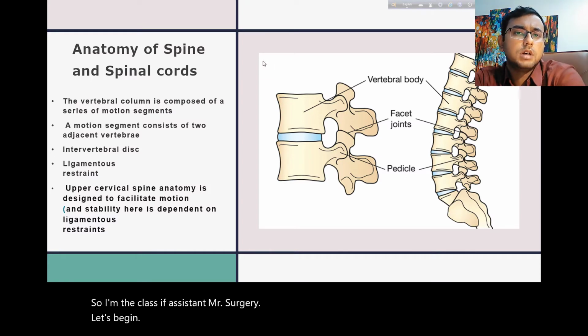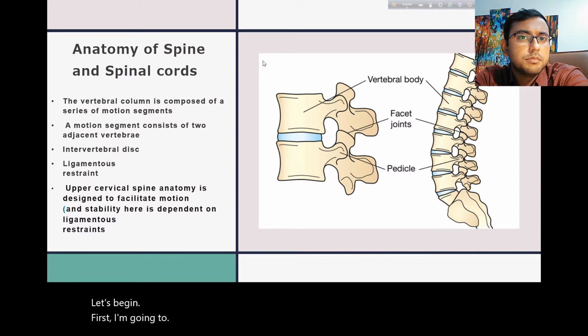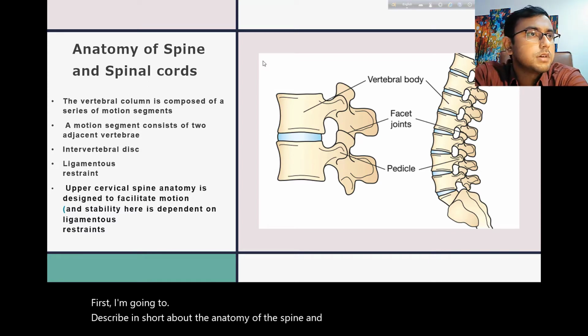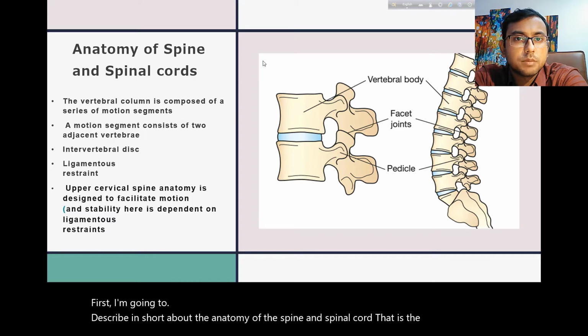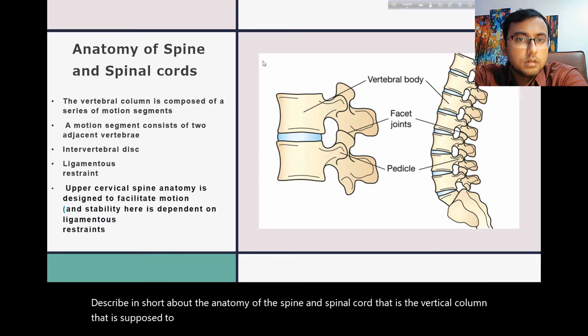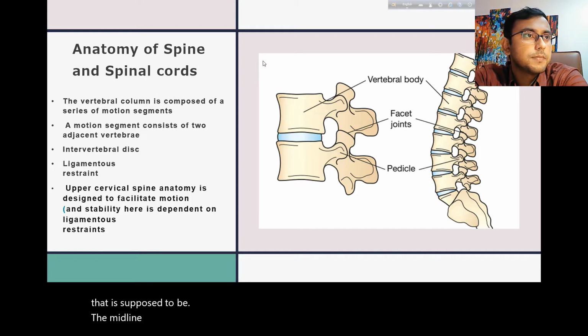First, I'm going to describe in short the anatomy of the spine and spinal cord. That is the vertebral column, the midline skeletal structure composed of a series of motion segments.